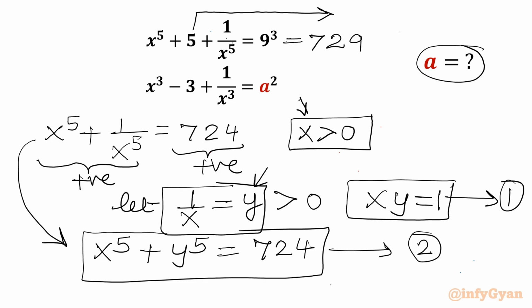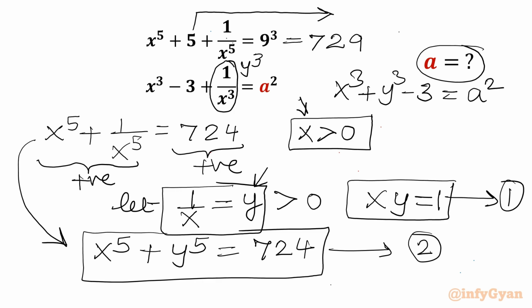Now our target is 1/x³, I will write y³. So my target is x³ + y³ − 3, and then I will equate with a² to find a. So target expression must be x³ + y³.